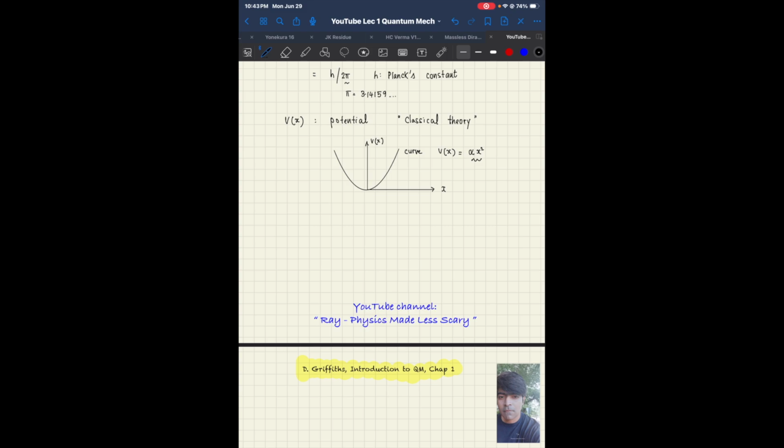This potential grows without bound as x tends to plus minus infinity, right? So the picture you should have in mind is that a particle is confined in this region. It cannot escape to infinity. Good.